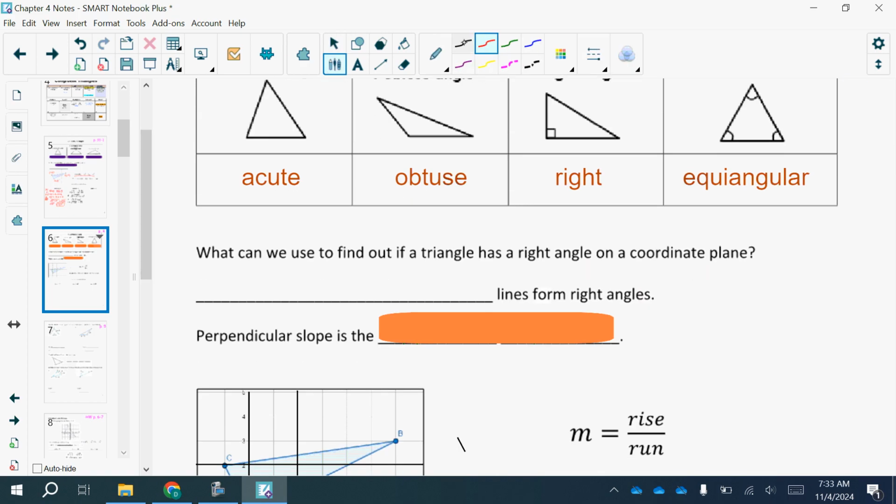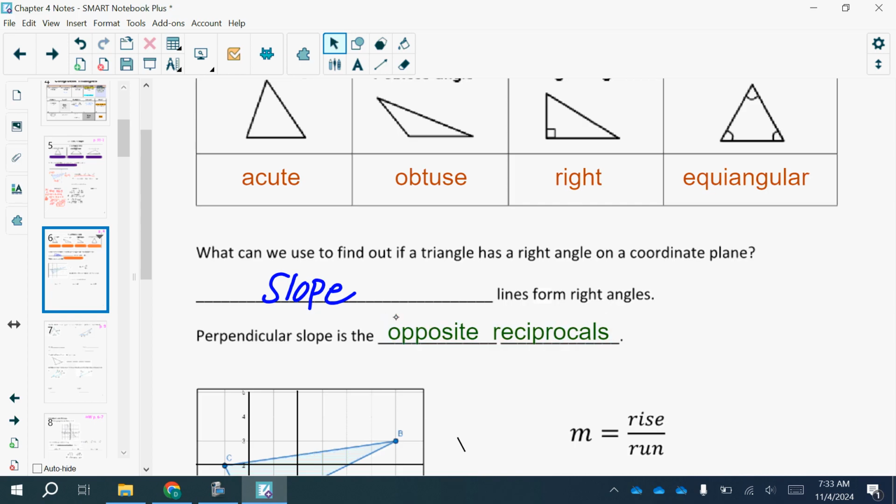Similarly, if you're given a triangle on a coordinate plane, and it wants you to determine the type of triangle it is, you can find slope. When it's on the coordinate plane, with slope or looking at your angles, you can just determine if it's a right triangle or not.